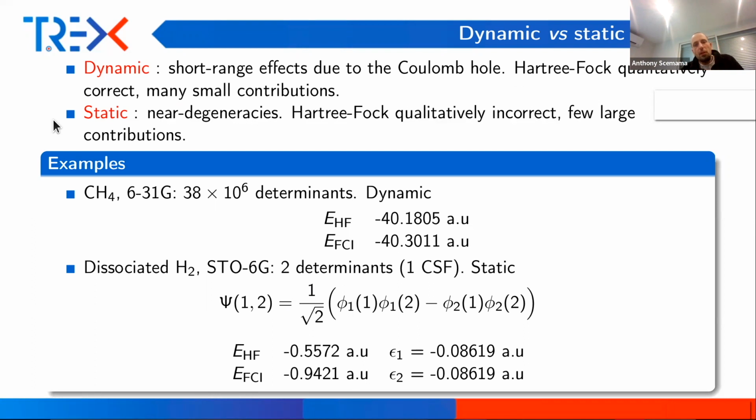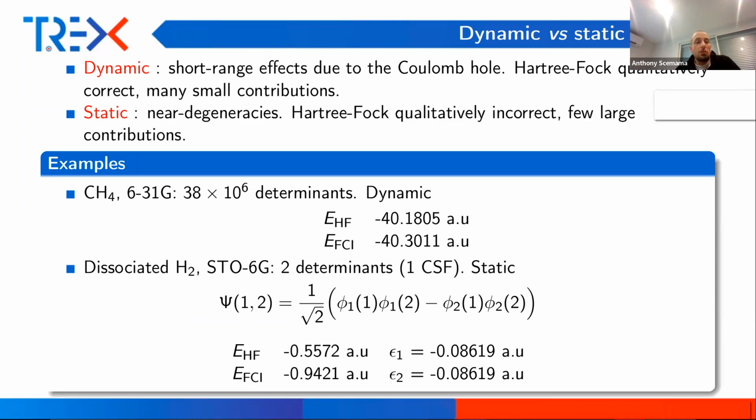It's more about near-degeneracies. It's when you have two or more states with very close energies, and they are all interfering with each other. When you have important static correlations, the Hartree-Fock picture is usually qualitatively incorrect, and so you need to go to multi-configuration methods.